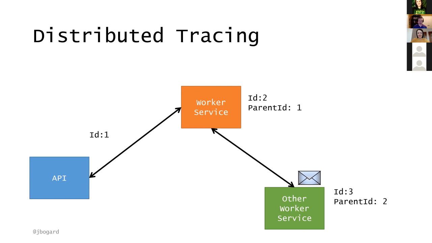As long as I'm working with one specific activity in my system and I have that parent request identifier, then I can put these different pieces together. If something goes wrong, or if I just want to see what the heck's going on in my system, I can use these different IDs to piece everything back together again.